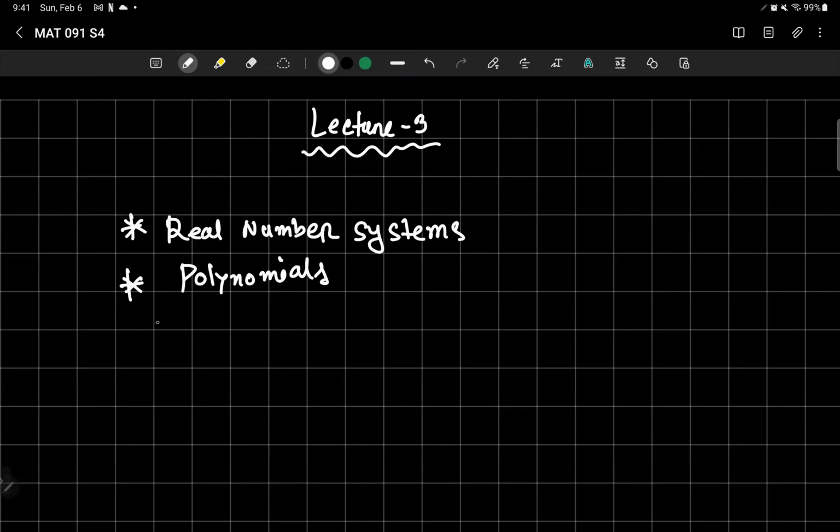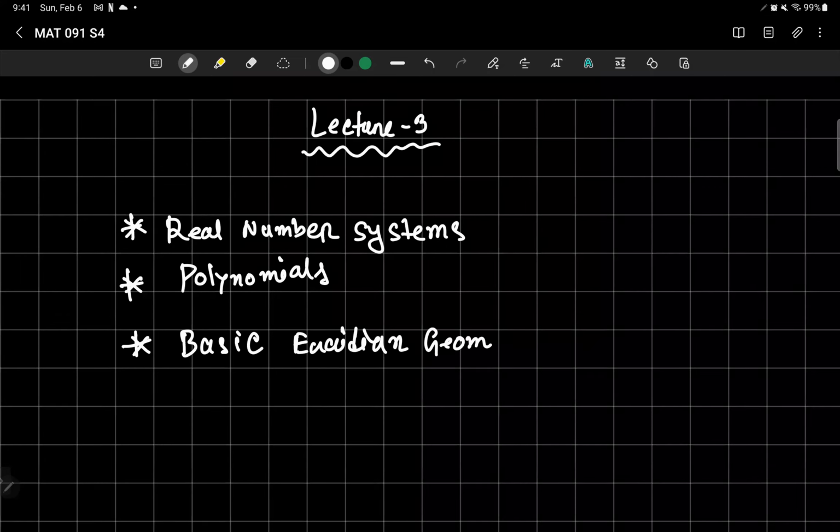And we'll also look at some basic Euclidean geometry. That will be today's plan. So let me just start with real numbers.